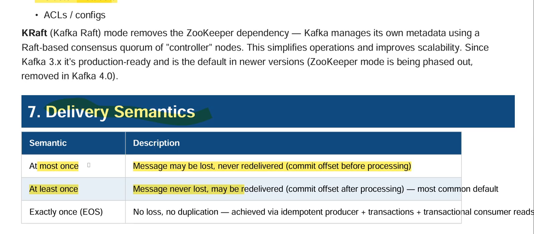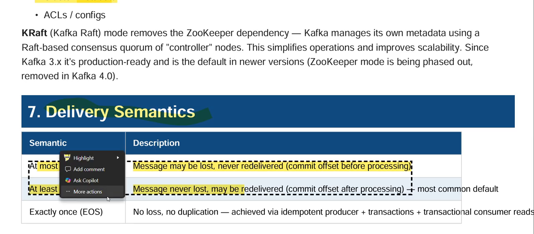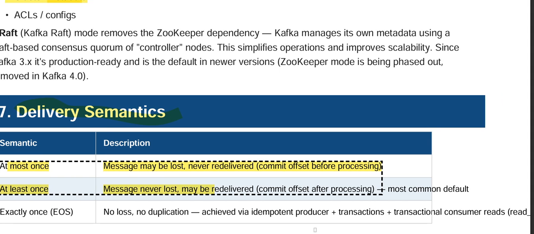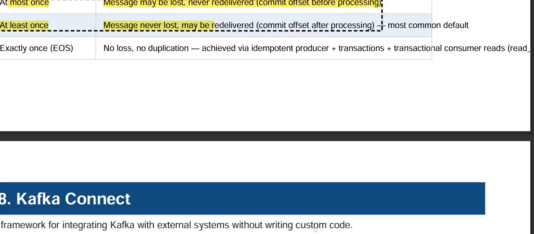After a certain period of time, we store that message in some mechanism so that we can handle it manually. Exactly once means no loss and no duplication, achieved with idempotence, transactions and a transactional consumer ID.